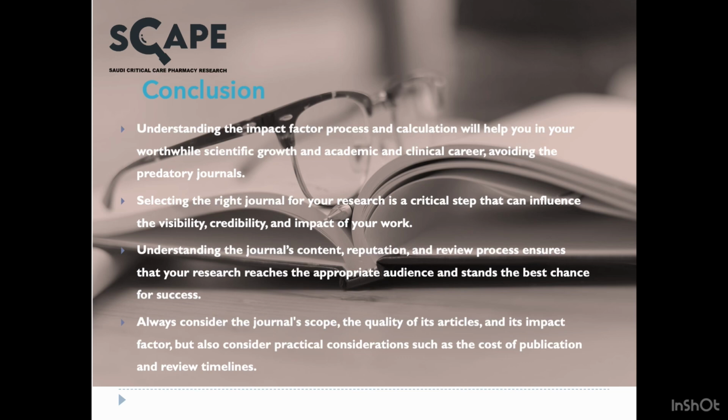But also don't forget practical considerations such as cost, publication, and review timeline. Sometimes the review process takes 1 year, over 1 year. It's actually a very long time. And in the case of systematic reviews and meta-analyses, maybe you find the same idea published by other authors, so it will be a dead article actually.